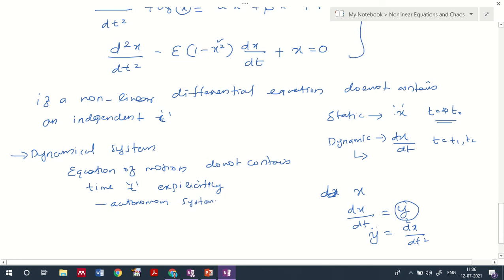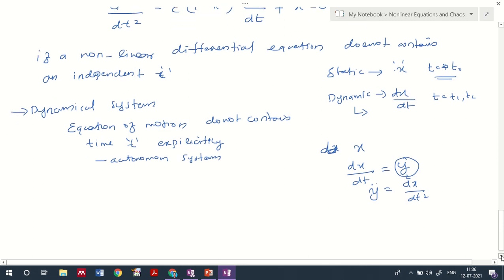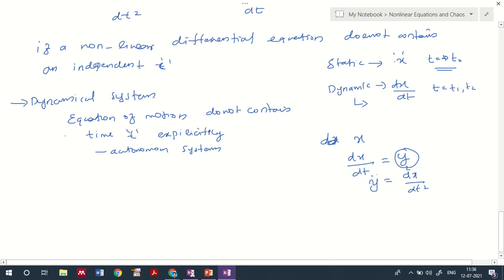Autonomous systems. An example of that: in such a case the equation of motion will be like this: d square x by dt square plus f of x dot plus f of x is equal to 0. Here you can see that x dot is dx by dt. Why have I represented f of x dot?